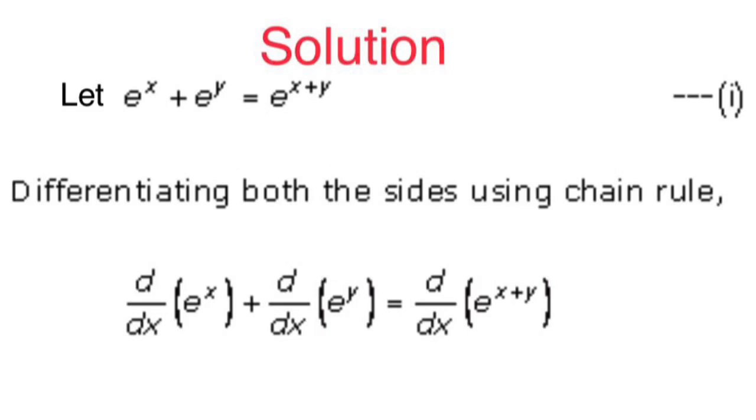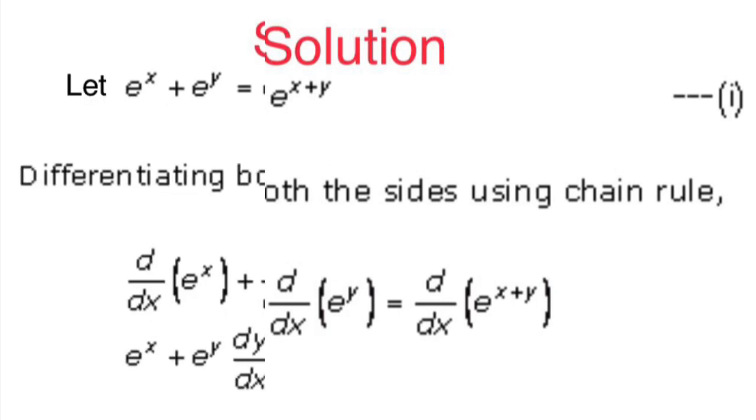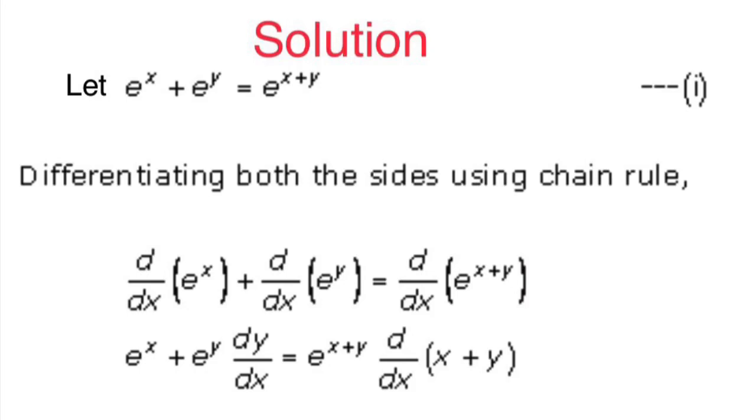So we'll get d upon dx of e raised to x plus d upon dx of e raised to y equals d upon dx of e raised to x plus y. Now we are going to apply derivative in this. So the derivative of e raised to x will be e raised to x plus the derivative of e raised to y will be e raised to y into the derivative of y.